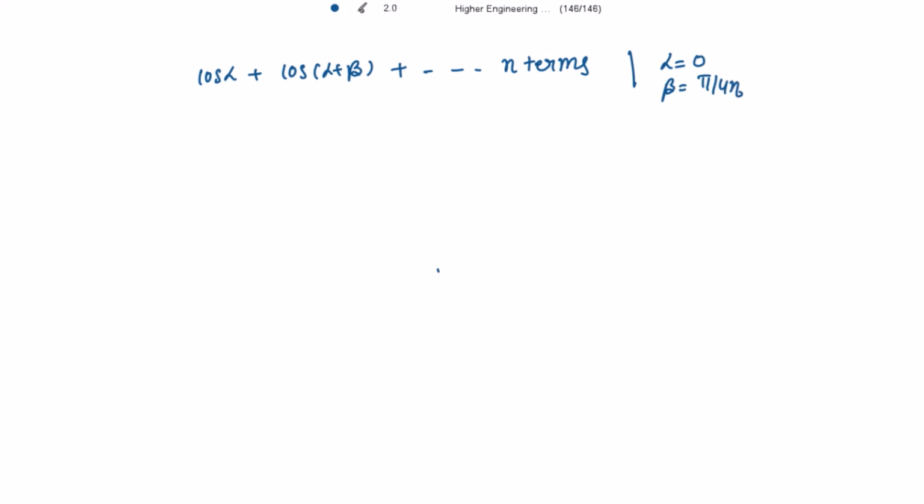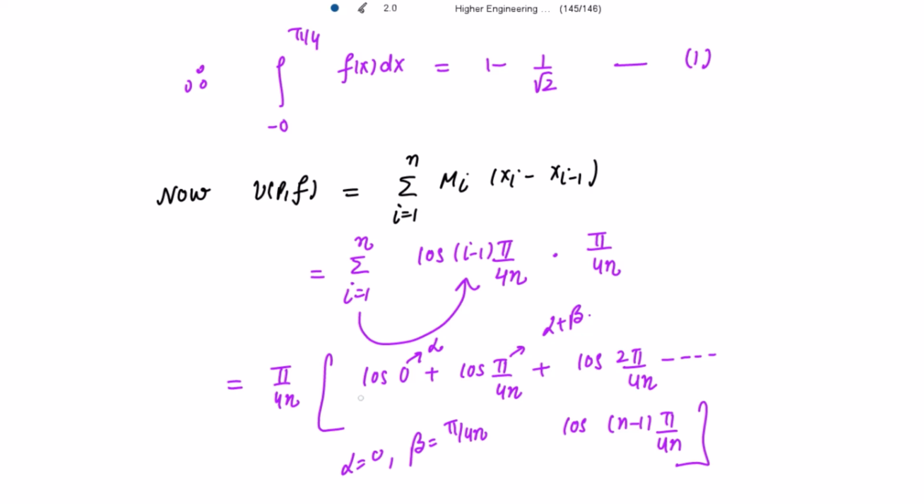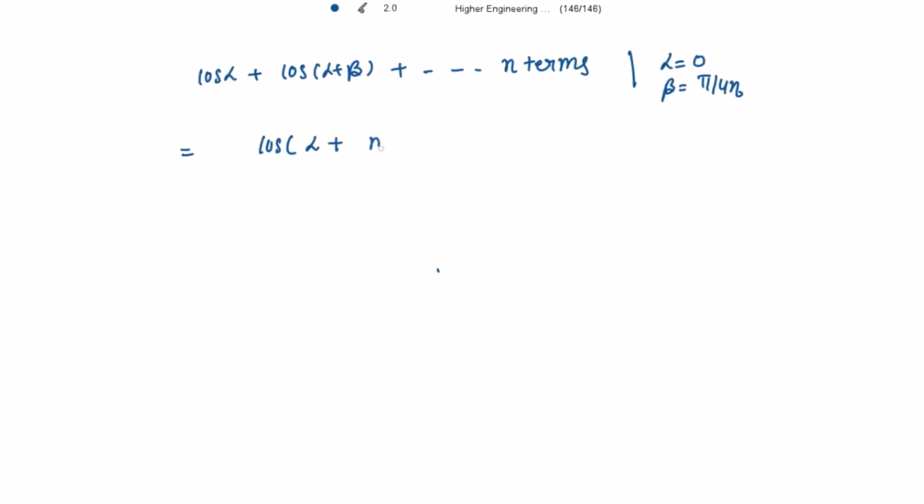So what is the formula for this series? It is cos of alpha plus n beta divided by 2, into sine of n beta divided by 2, and in the denominator we have sine of beta divided by 2.